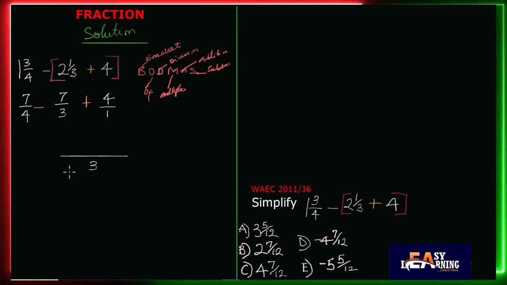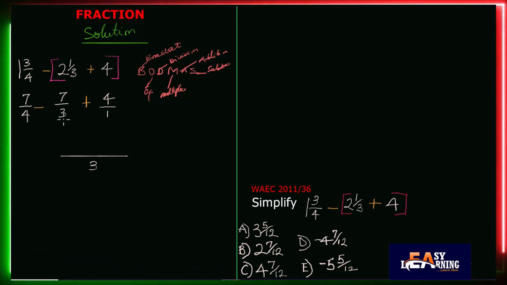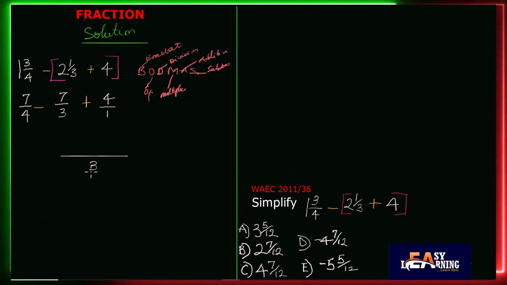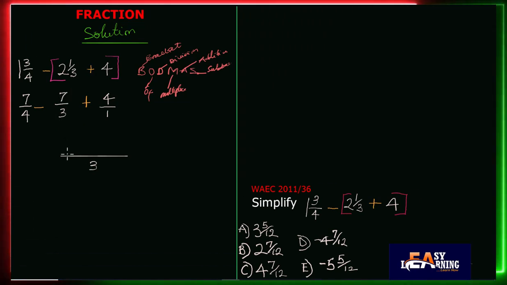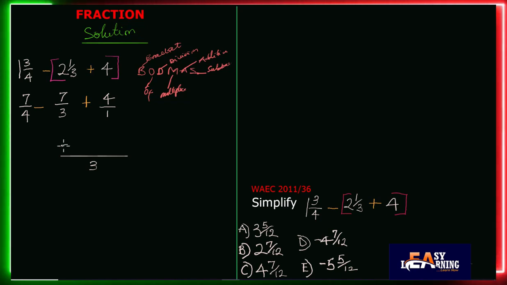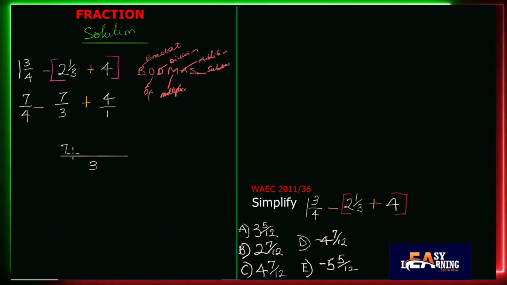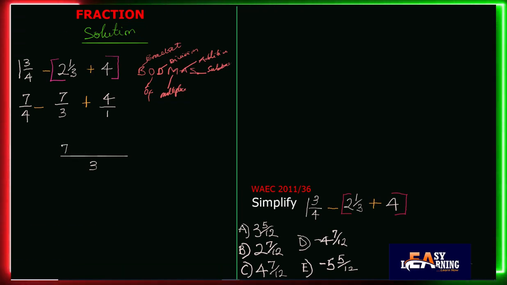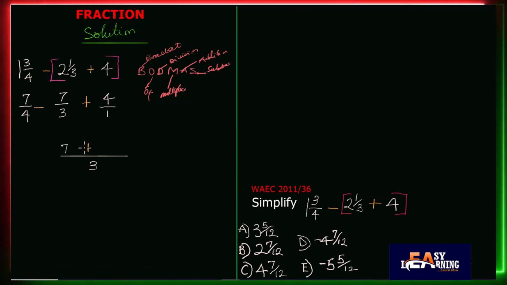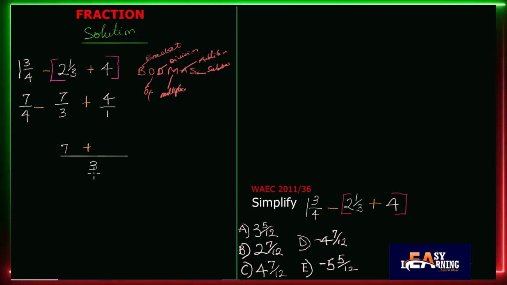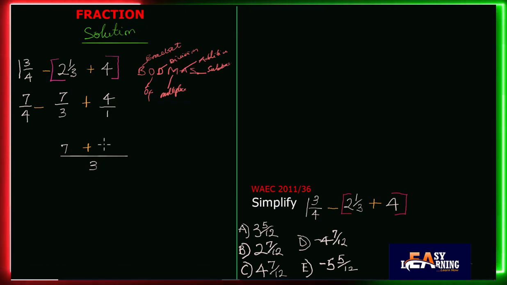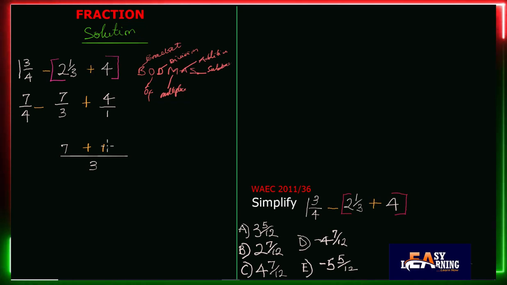All right, and then the next thing will be for us to say 3 comes into 3 how many times? 1 time. 1 times 7 is 7. We continue, bring down our plus sign, and then we say 1 comes into 3 how many times? 3 times. 3 times 4 is 12.